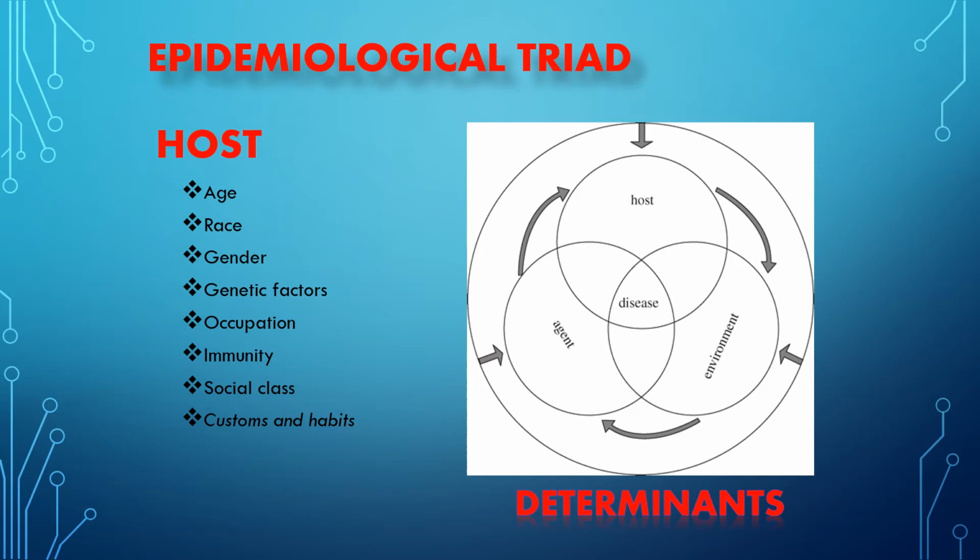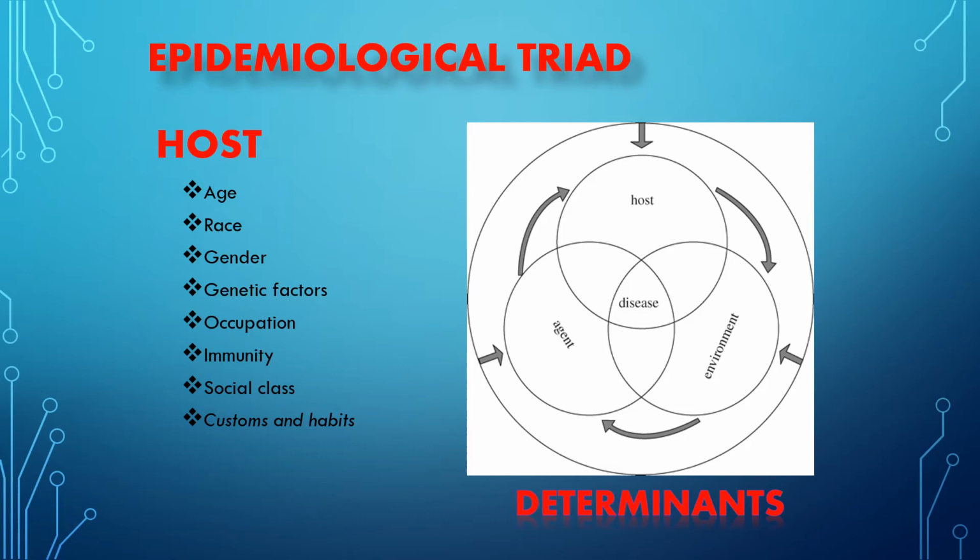Genetic factors. Oral cancer is not due to genetic factors, but others like stomach cancer may be due to genetic factors. Occupations, of course, affect your environment. Immunity, normally if you have low immunity, you are very prone to have cancer, especially those in HIV cases.